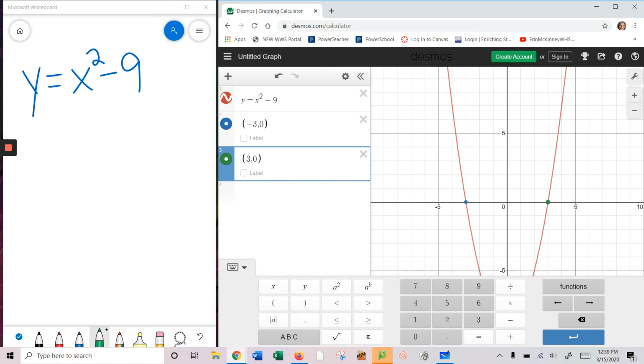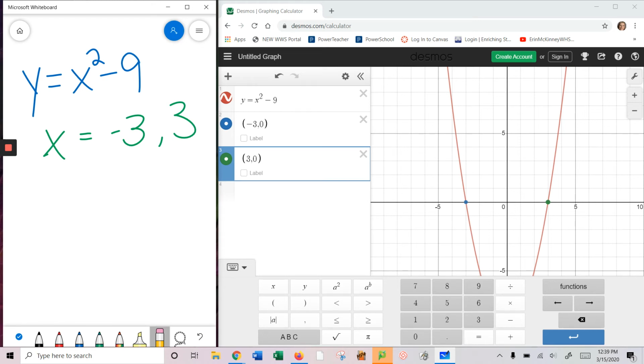So these 2 points are my x-intercepts, because remember, the x-axis is my horizontal line. So once I find those x-intercepts, we can just write down the x value. So it's 3 and it's -3, because this crosses the x-axis at 3 and -3. Okay, so once we look at the graph, we're just looking to see where it crosses the x-axis.